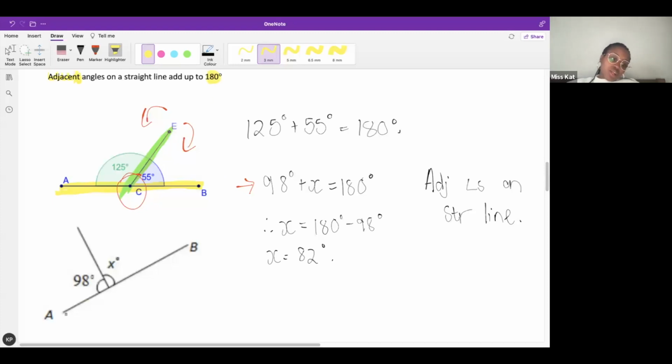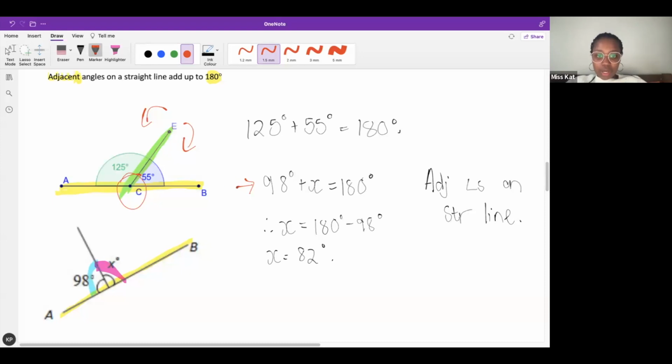Now let's see here. Do we have a straight line? Yes, they're just confusing us because they tilted it. There's my straight line. Okay, so then 98, which is this one over here, plus X, which is the one adjacent to it, have to add up to 180 degrees. So that's what we did over there.